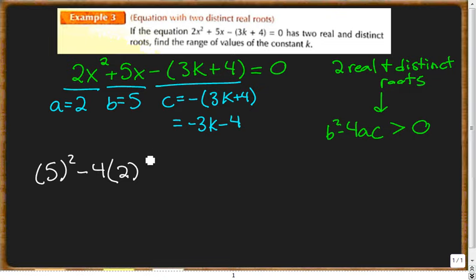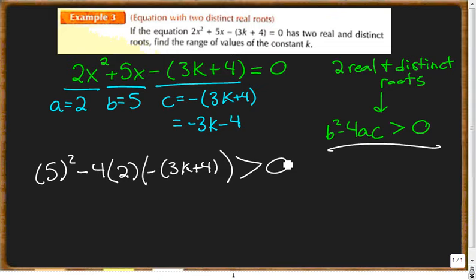So this is going to be negative the quantity 3k plus 4. And we know that that is greater than 0. A good hint as to when it's greater than or less than is that it says range. A range isn't a particular number. It is a continuous set of numbers. That's going to be greater thans, less thans, in between type explanations, and so on.